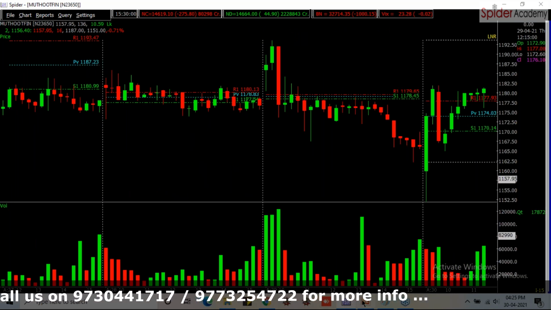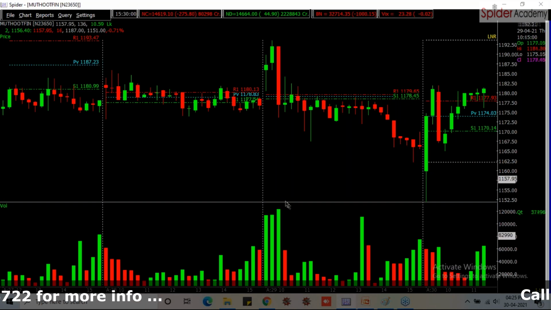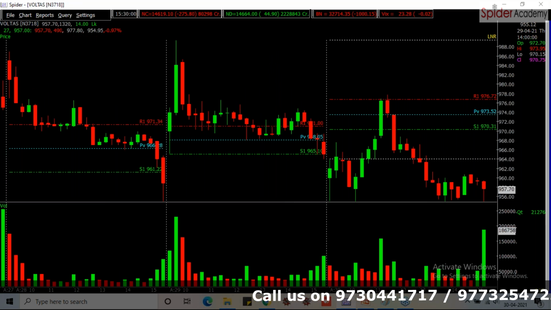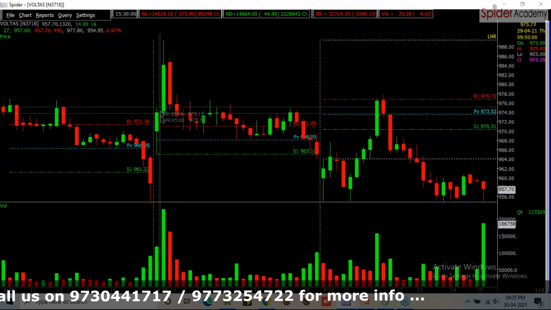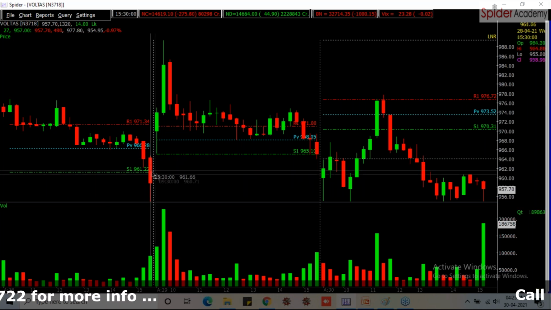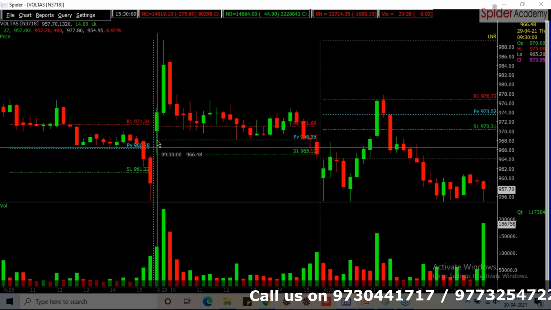We will now check another example, that is Voltas. Over here in Voltas, we can see we were having a particular inside formation, but here it hasn't triggered the previous bottom. It slightly came to today's bottom level and then reversed.